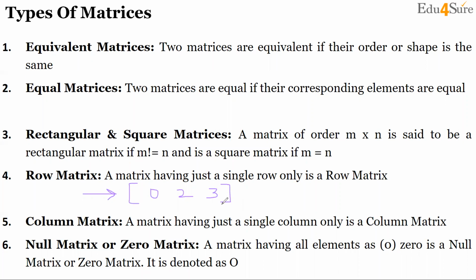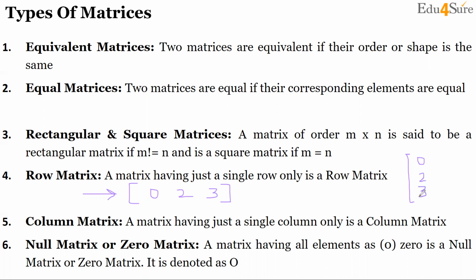This is called a row matrix, where you have only a single row, right? And the same for a column matrix, where you have only one column. The row matrix is horizontal. In case of a column matrix, it will be only a single column, so it will look like this.